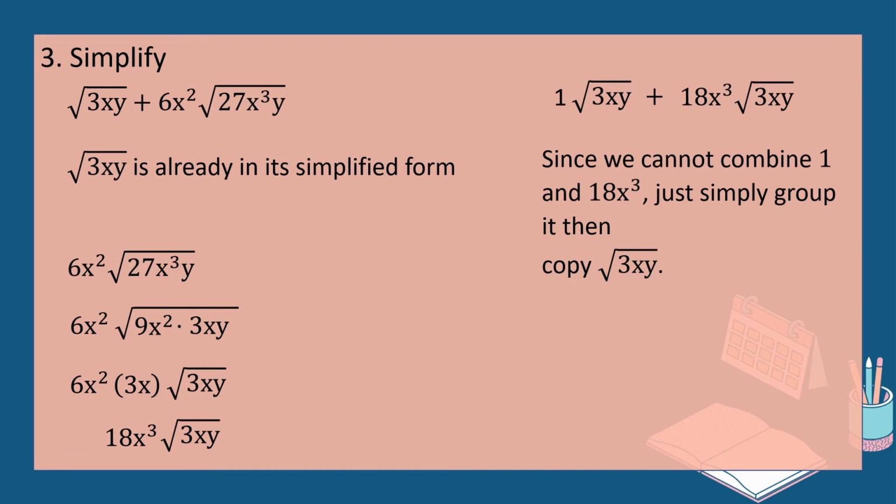So the simplified form now of square root of 3xy plus 6x squared square root of 27x cubed y is equal to the group of the sum of 1 and 18x cubed times the square root of 3xy.